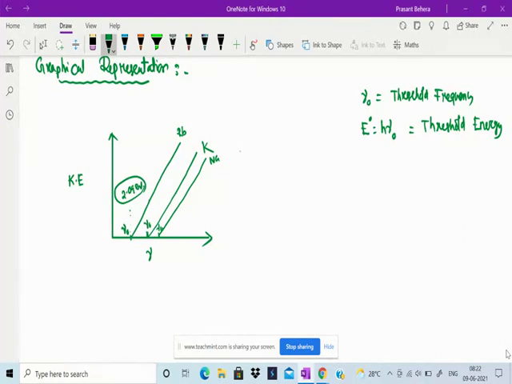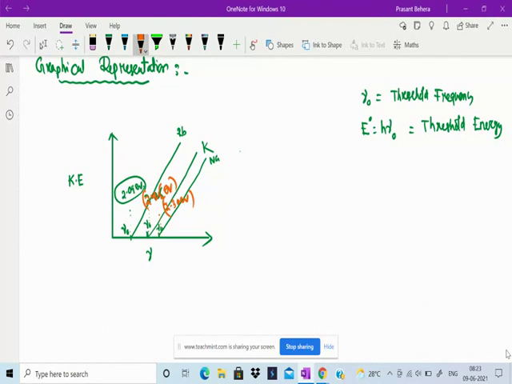Similarly, the threshold energy for potassium is 2.25 electron volt. Similarly, the threshold energy of sodium is 2.30 eV, electron volt.